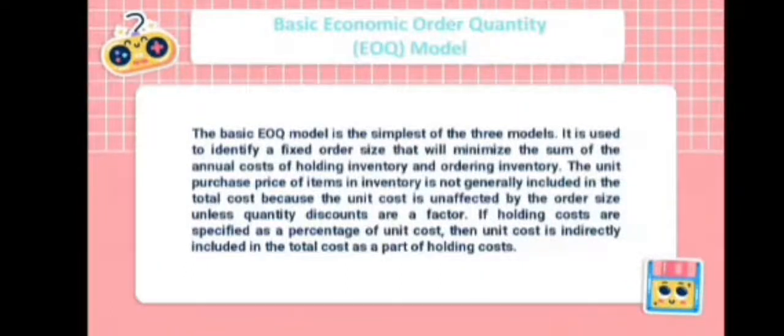The unit purchase price of an item in inventory is not generally included in the total cost because the unit cost is unaffected by the order size unless quantity discounts are a factor. If holding costs are specified as a percentage of unit cost, then unit cost is indirectly included in the total cost as a part of holding cost.